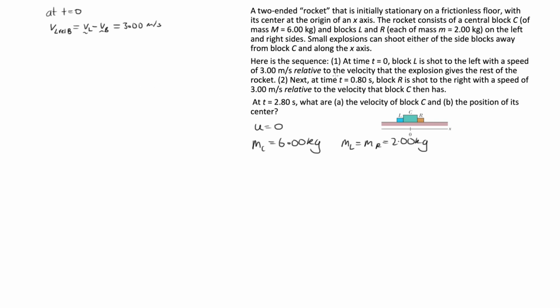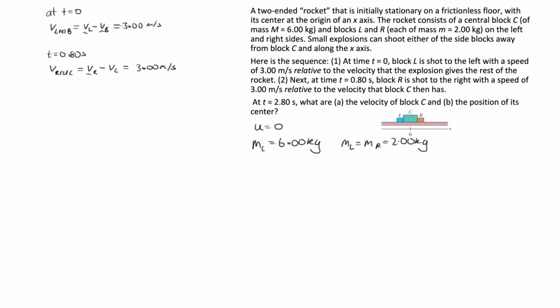And then step 2, at t equals 0.80 seconds, the right block is shot to the right with a speed of 3 meters per second relative to the velocity that block C then has. So the velocity of R relative to C is equal to the velocity of R minus the velocity of C, and this is equal to 3 meters per second, and that's to the right.